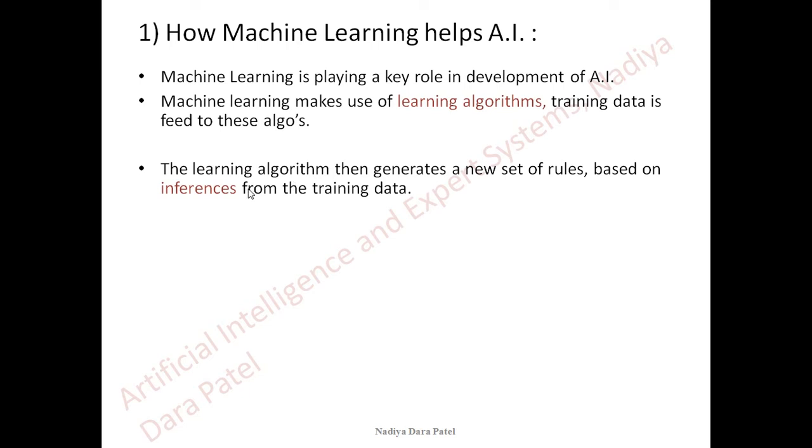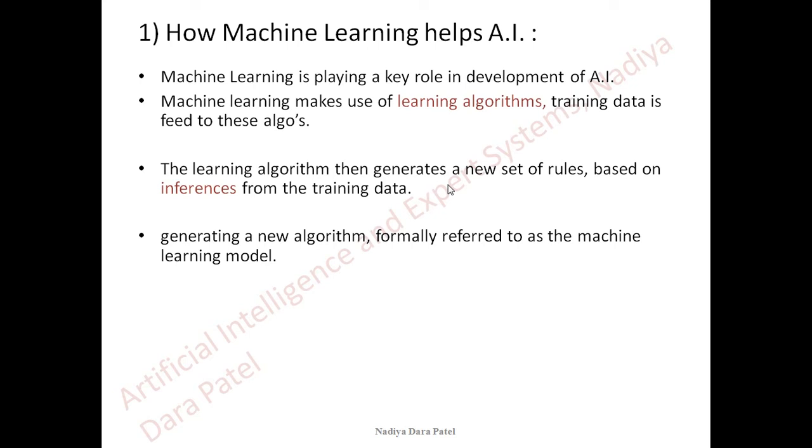So the first thing you need to do is collect or gather data which is reliable, which has covered all possible information. Feed that data to these learning algorithms. Learning algorithms will generate a new set of rules and finally find inferences from them.